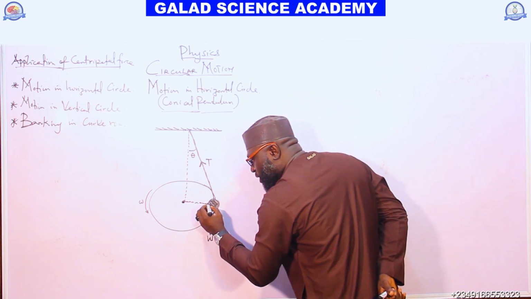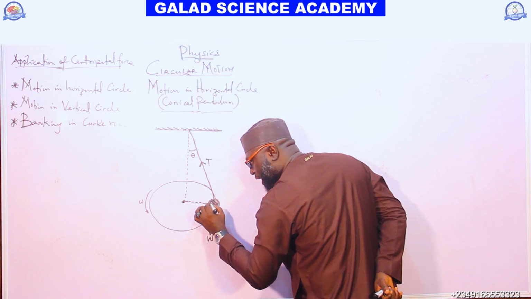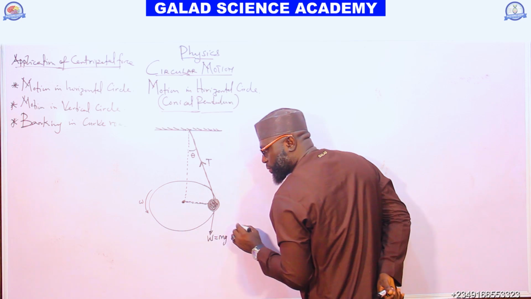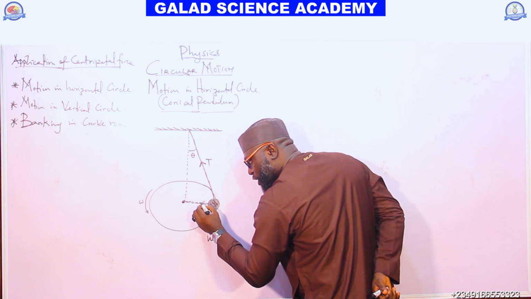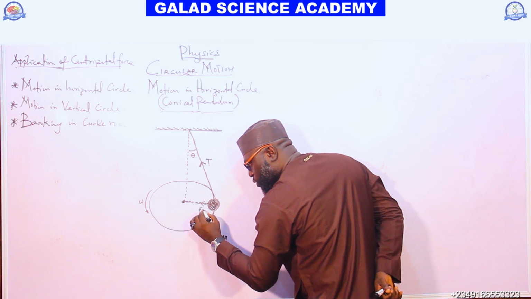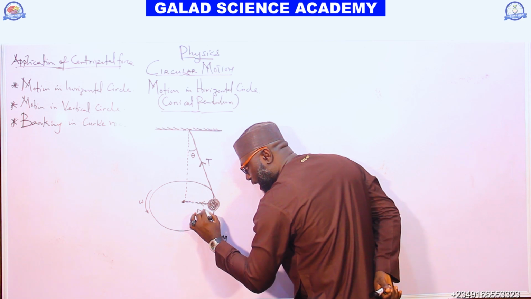But there is a particular force that keeps this ball moving toward the center of this circle. And the force we know is called centripetal force, which is mv square over r.